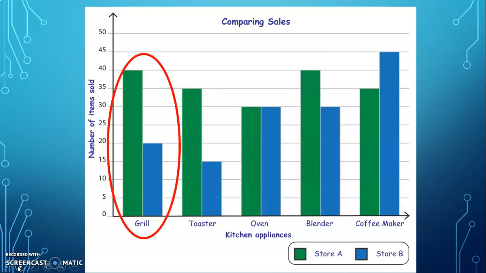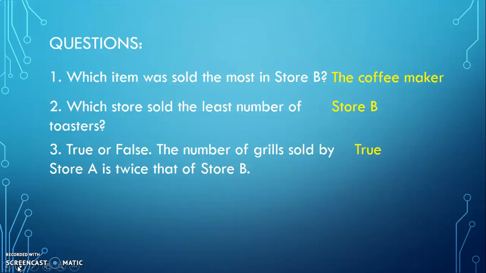Now we needed to find out if store A has twice the amount of grills sold than store B. So we need to look at the y-axis, which is your vertical axis, and we see that store A had sold 40 grills and store B had sold 20. And I know that if I double 20, the answer is 40. So the answer would be true, that store A did sell twice that of store B.